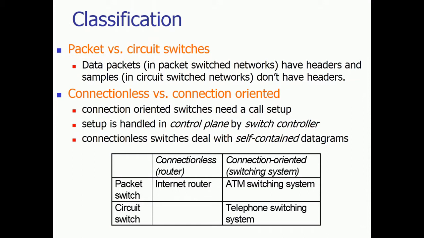They do not need to set up a path between sender and receiver. Dynamically they decide the route. But circuit switched networks are connection oriented. Before transferring the data, a connection is set up, then data is transferred. After that, the connection is disconnected. In connectionless services, meaning packet switching, the data is known as datagrams.